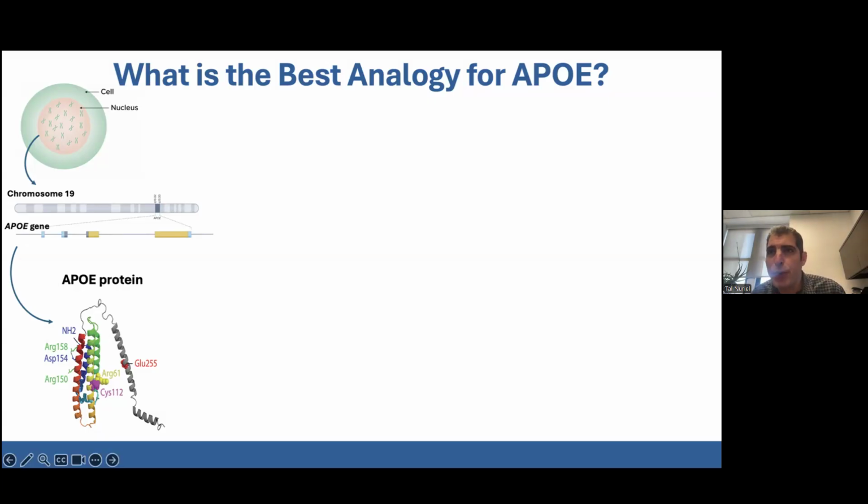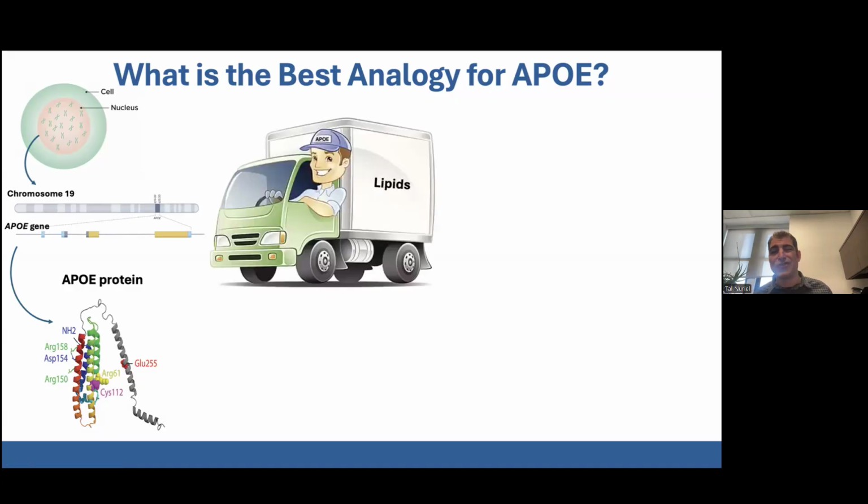In preparation for this presentation, I was trying to think really hard what is the best analogy I could come up with for ApoE to go along with our 1920s gangsters. I'll stay current, I won't go 1920s, but the best analogy that I came up with, and I think it's probably the right analogy, is a truck driver. ApoE gets overlooked because it's not the pathology.